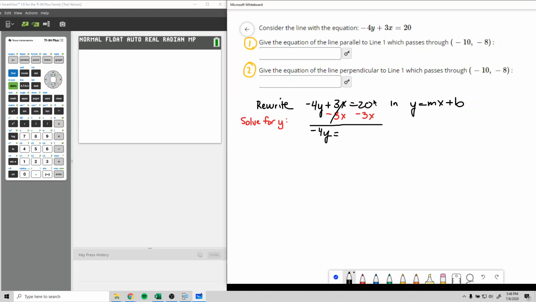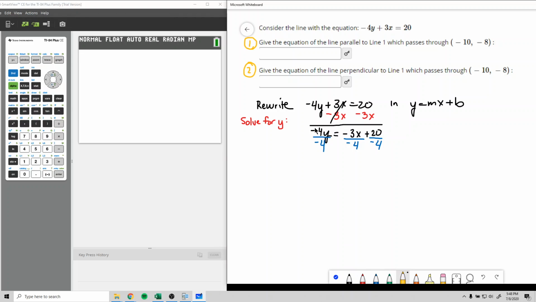Now I like to write the x term in front, so this can be -3x plus 20. One has x and one doesn't, so we can't combine them at all. Now that we have the y part by itself, we can divide by the -4 to actually get y. I like to divide everything by -4, that's what you have to do anyway, and it's the easiest way to visualize it.